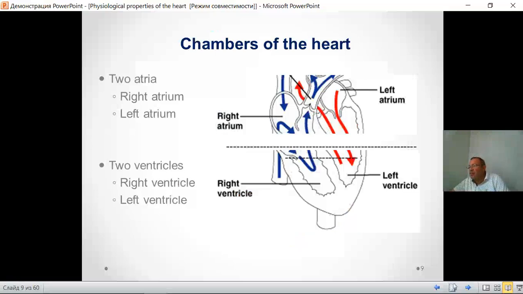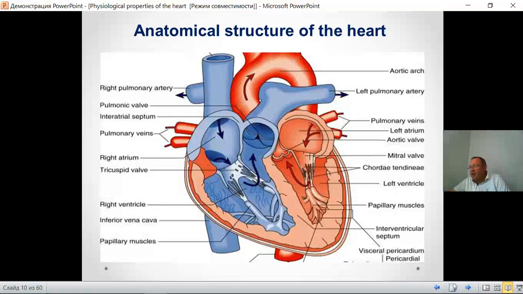Chambers of the heart. The figure shows different chambers of the heart. There are the right atrium, right ventricle, left atrium, and left ventricle. Right atrium. The right atrium serves as the receiving chamber for blood returning to the heart from the systemic circulation.